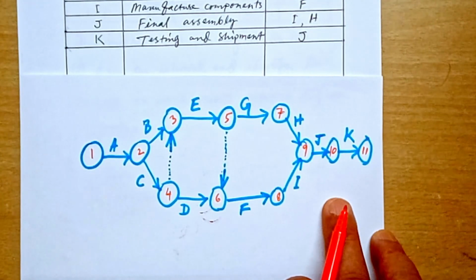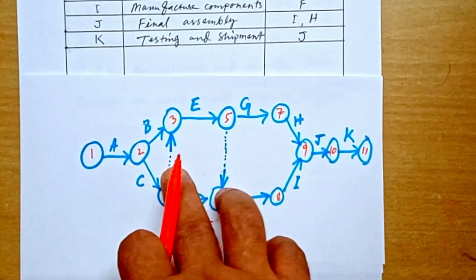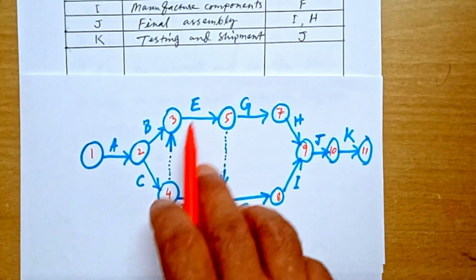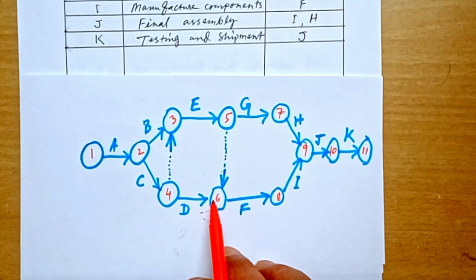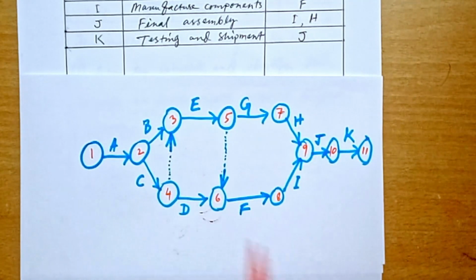Including dummy activities, the total number of activities is 13, including 2 dummy activities.